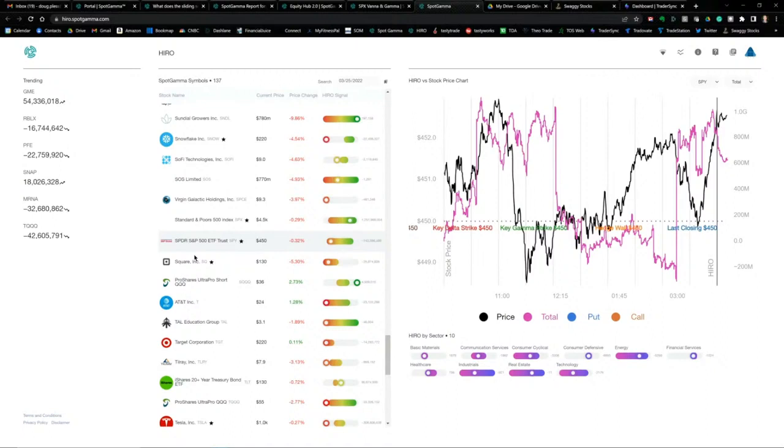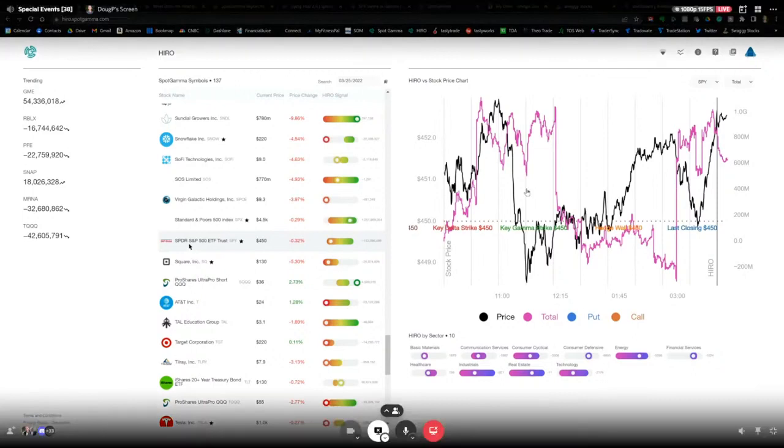This new tool, SpotGamma Hero, is the web-based version of Hero, and it allows you to separate out call and put transactions for SPY and SPX to see the order flow and the hedging flow in ES in much greater detail.